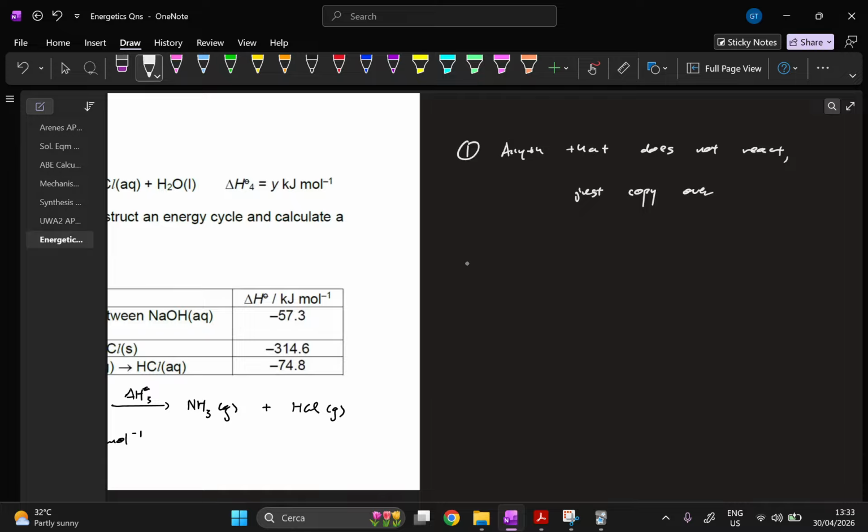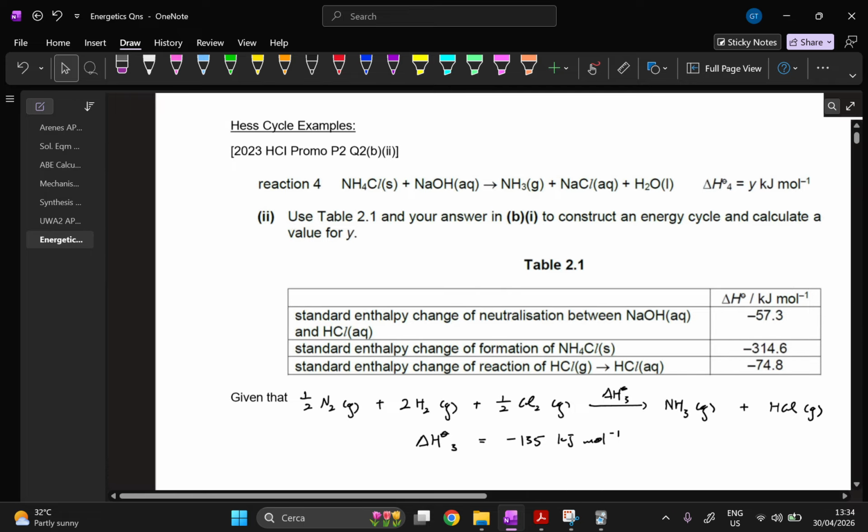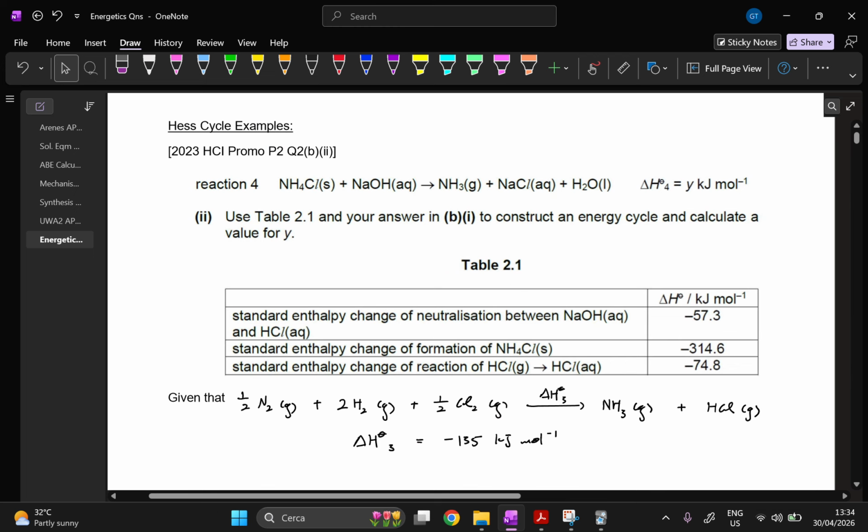Second lesson, you need to know how to add new species on both sides to balance. And I don't think there's any better way to show you how to apply these two key skills in Hess cycle except by showing you these two Hess cycle examples.